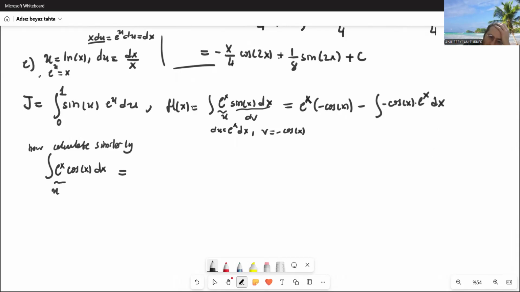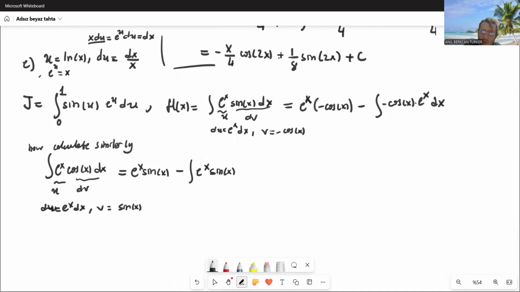Again, call this u and this dv. So your du is e to the power x dx, and v becomes sine x. So it is just e to the power x sine x minus the integral of e to the power x sine x dx. As you can see, when you try to apply integration by parts, it is a loop, right?